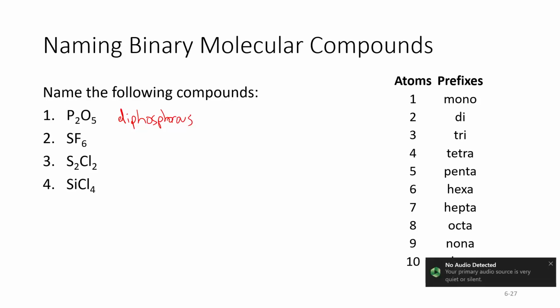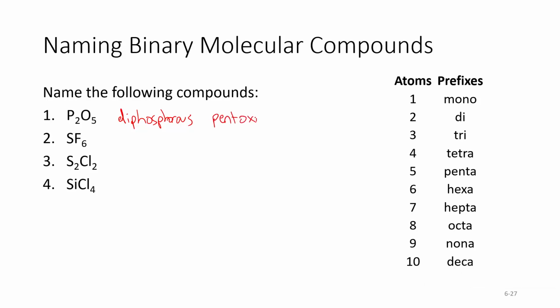And then there's 5 oxygen, so we're going to do pentoxide. There's 1 sulfur, so we're just going to write the word sulfur. And there's 6 fluorines. So 6 is hexa, fluoride.